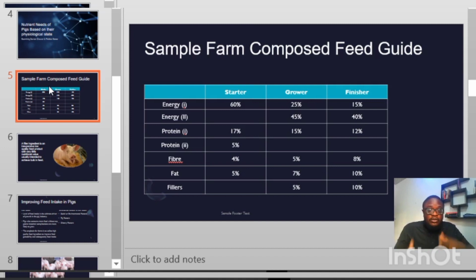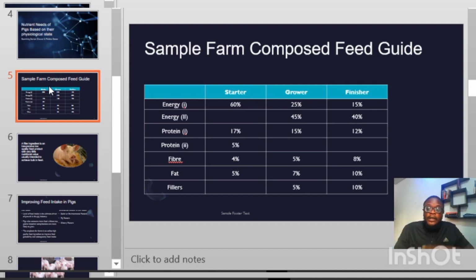So you can include your main feed ingredients up to 25%, and then you can diversify and bring in some of these quality waste alternatives up to 45% of whatever you are formulating. For your protein source, you can do away with combining plant and animal based protein. You can take either of them, or you can just go with plant based protein up to 15%.